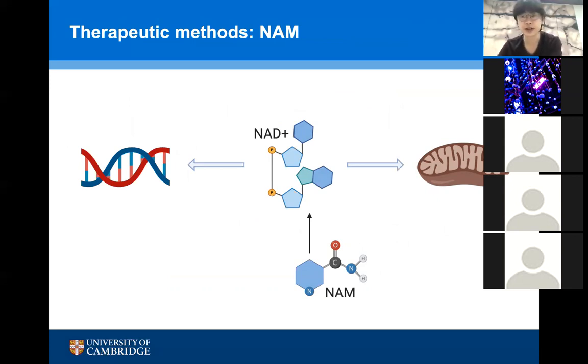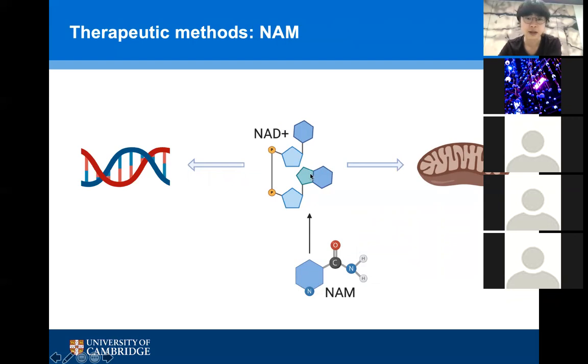And another aspect that I looked at is, why don't I just try to increase this level of NAD by feeding flies with NAD precursors, right?